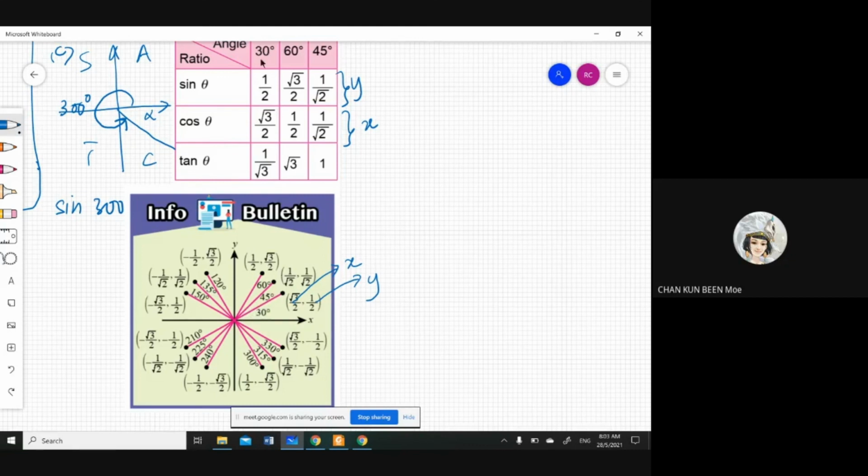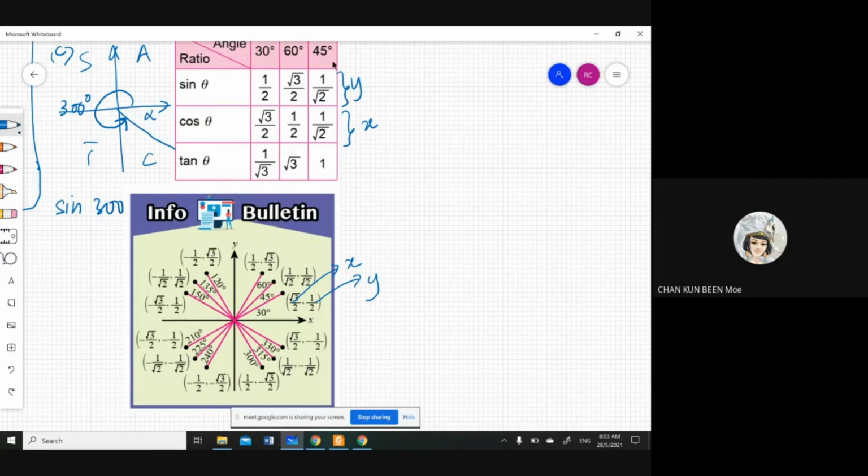The 30 degree is this one. Okay, and then we know the X and Y come from the cos theta and also the sine theta. That's why you can see the X is root 3 over 2 and the Y is 1 over 2, this one. And when it goes to 45 degree, the X and Y coordinate both are the same.